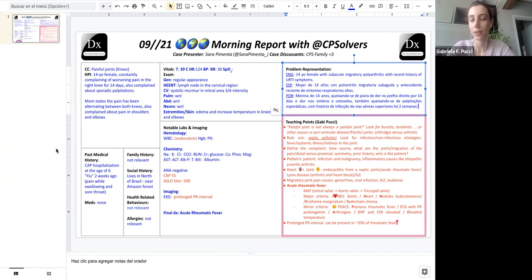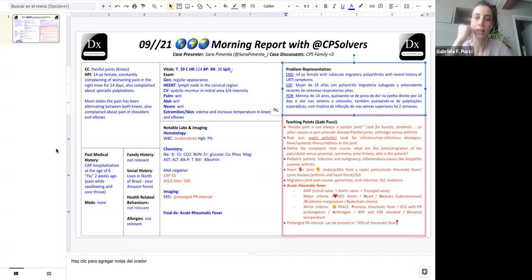And when regarding painful joints, we have to try to see if it's arthralgia or arthritis. We have to definitely rule out septic arthritis because it's a very severe diagnosis, and clues for that are fever, systemic illness, and redness in the joint.